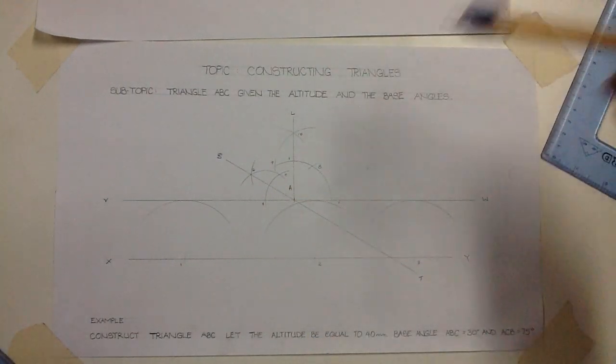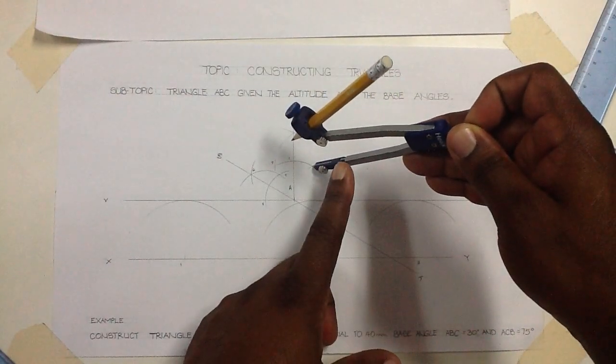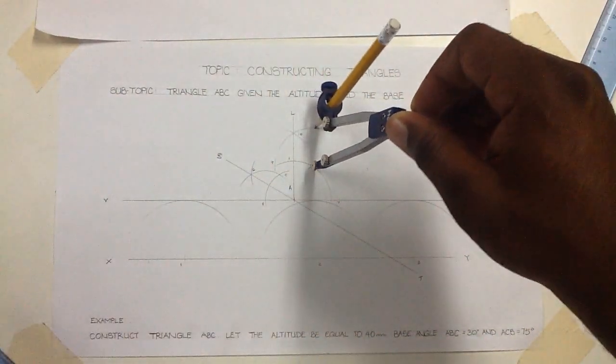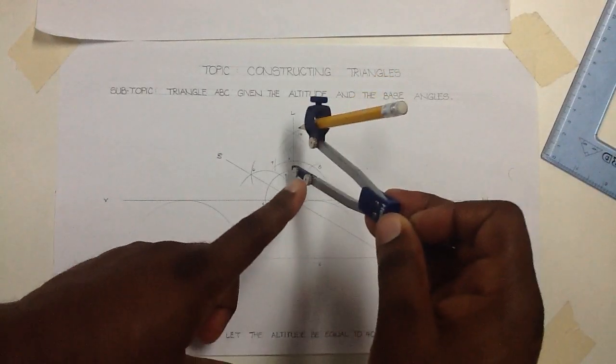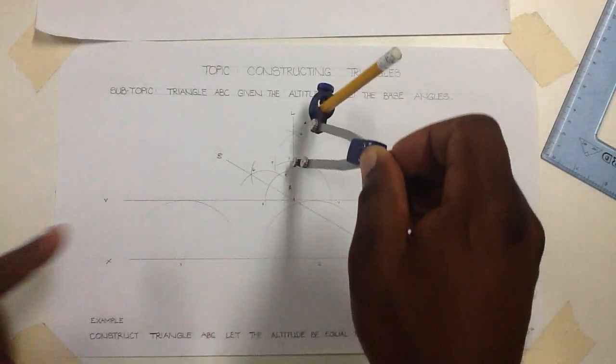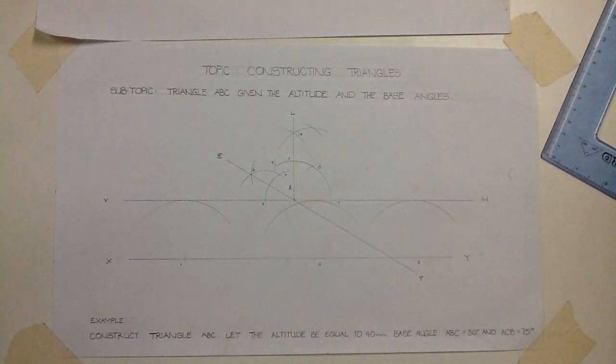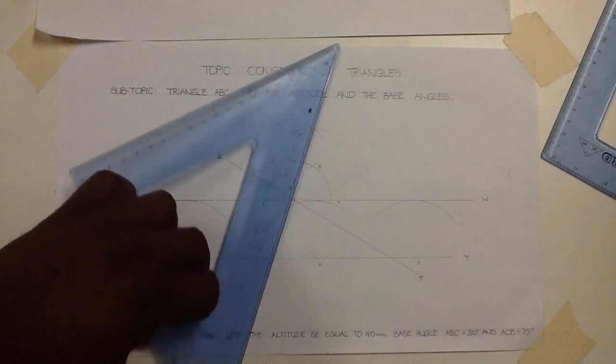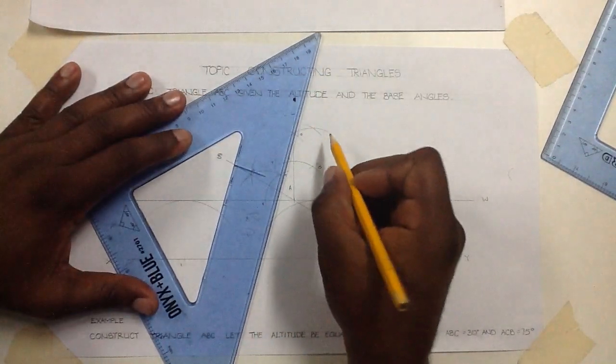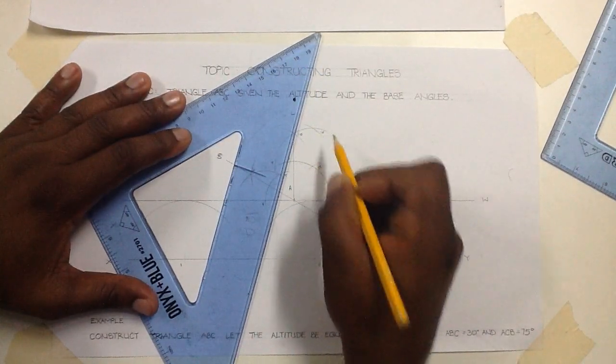We are now going to bisect that 30-degree angle found between point 11, A and 8. This is now point 12.